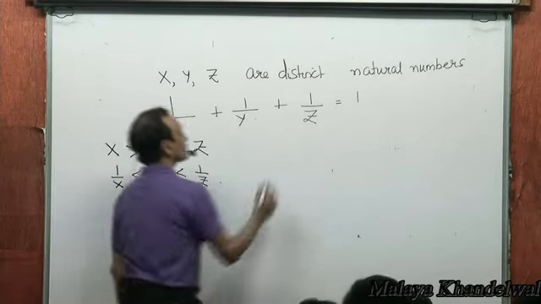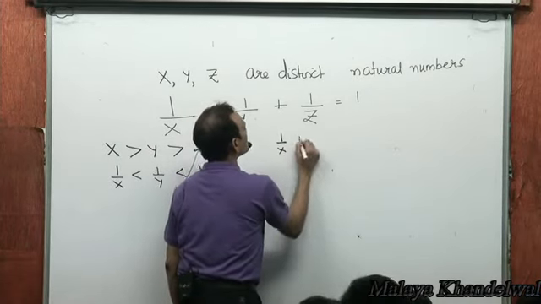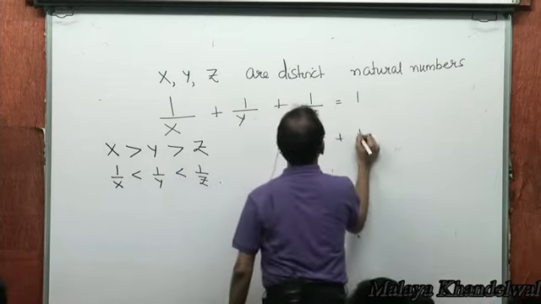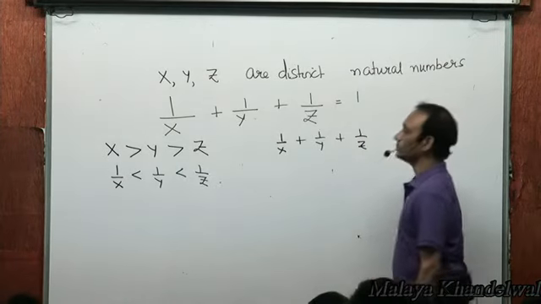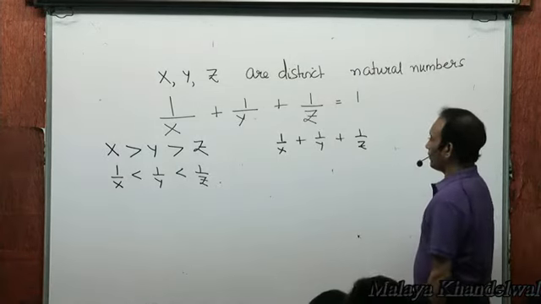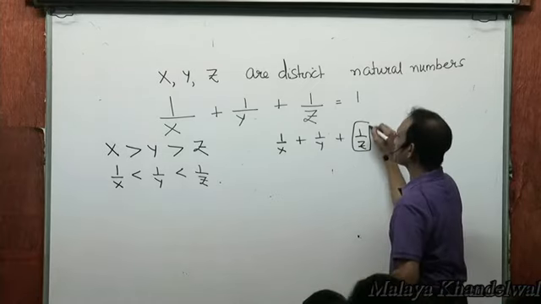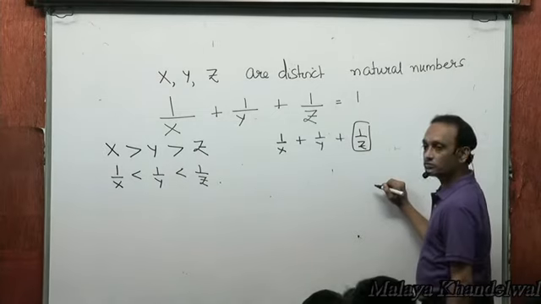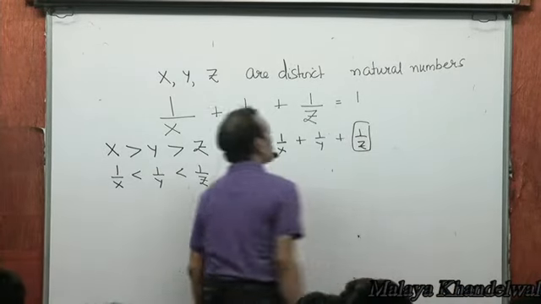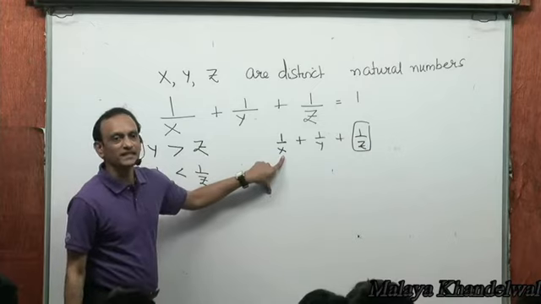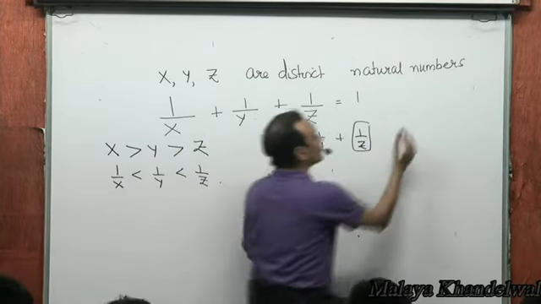Now, look at this expression 1 by X plus 1 by Y plus 1 by Z. Now, the largest here is 1 by Z. Yes or no? That means 1 by X will be less than 1 by Z. Isn't it?